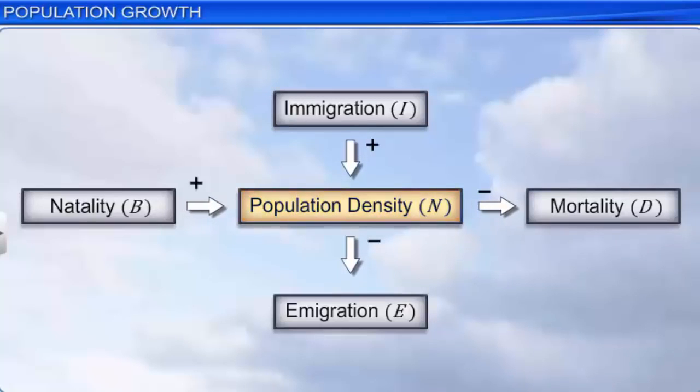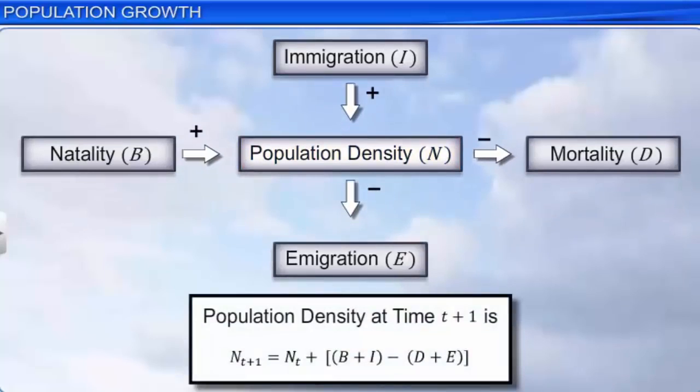Now, the density at time t plus 1 can be calculated as shown. Although the number of births and deaths greatly influence population density, in some cases, immigration and emigration assume importance.